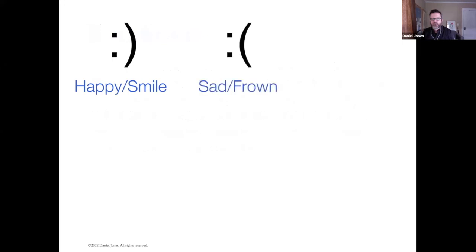What you're looking at is you're kind of tilting your head to the left, and you're saying, okay, this is a colon and a parenthesis. So if I put this at the end of my email, it means I'm sending you a smile or a frown.